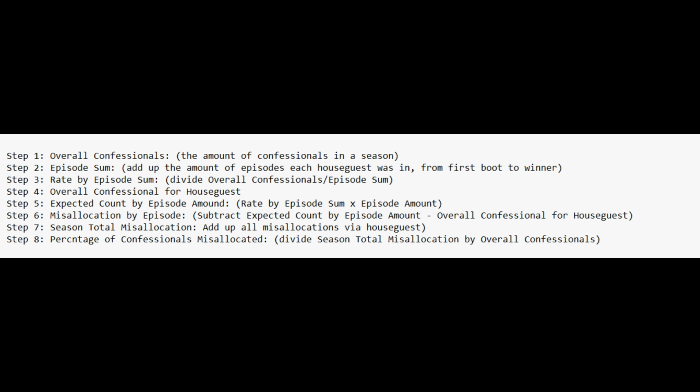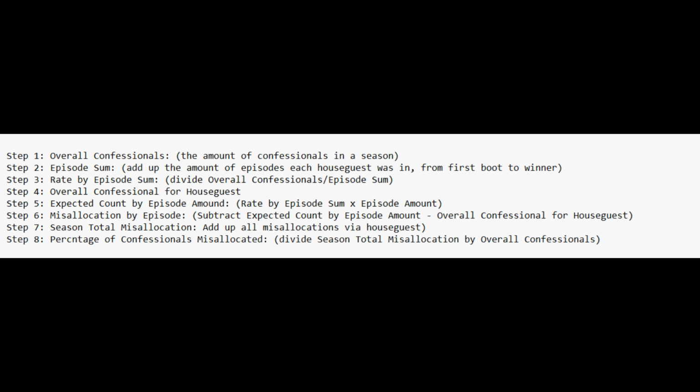That shows the difference between the amount of confessionals they got versus the amount that they should have gotten. If this number is positive, that means they got more confessionals than they should have. If it's negative, that means they got fewer confessionals or diary rooms than they should have.